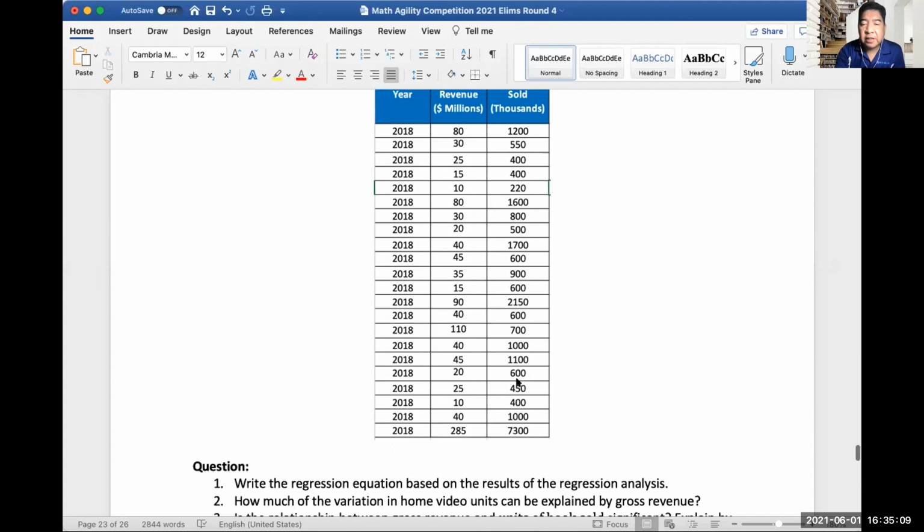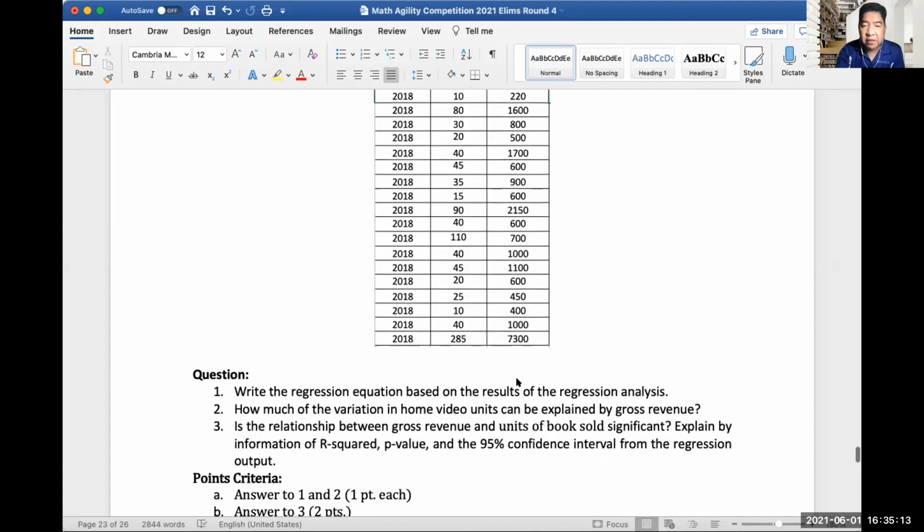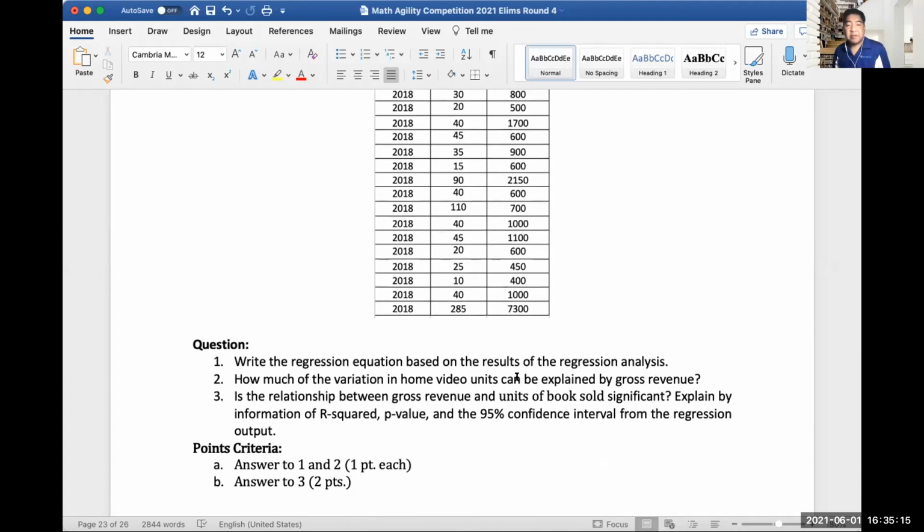Okay, so you already see how to do regression using Excel. So the question for this problem is: one, write the regression equation based on the result of the regression analysis. Two is how much of the variation in home video units can be explained by gross revenue. Three is, is the relationship between gross revenue and units of books sold significant?